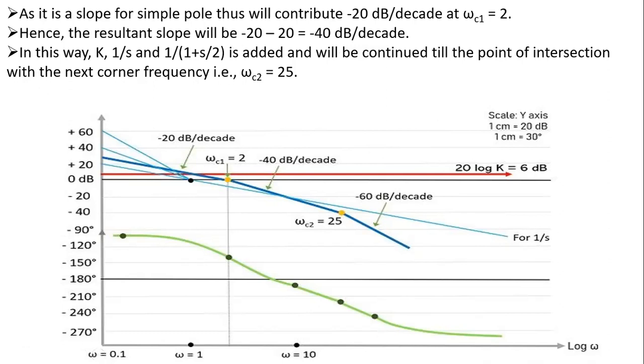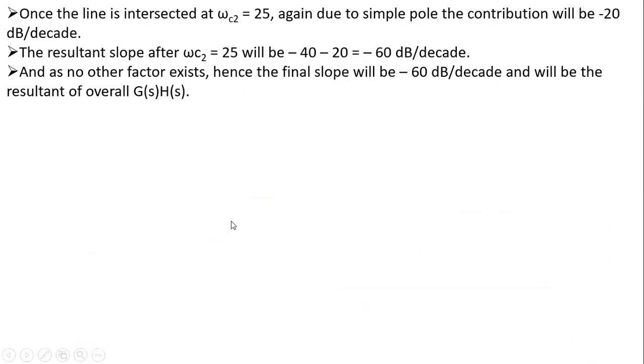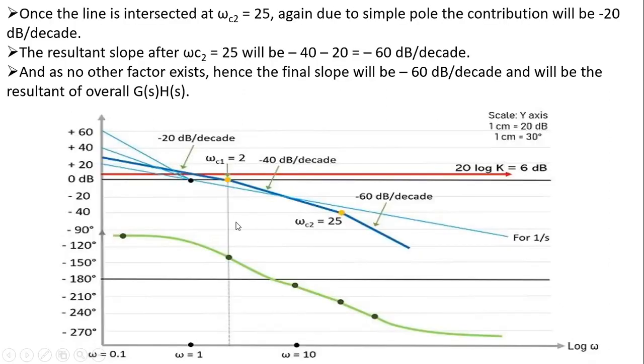And as no other factor exists, the final slope will be minus 60 decibels per decade, and this will be the overall slope of G(s)H(s). Further, let's go to the phase angle plot and try to understand it. So once the line is intersected here, this is exactly what we have seen.